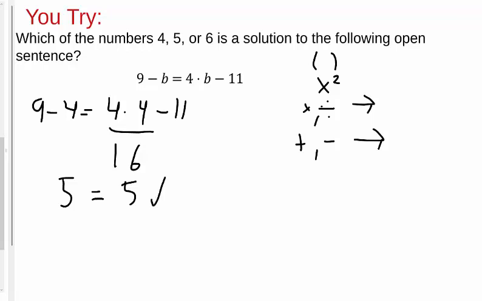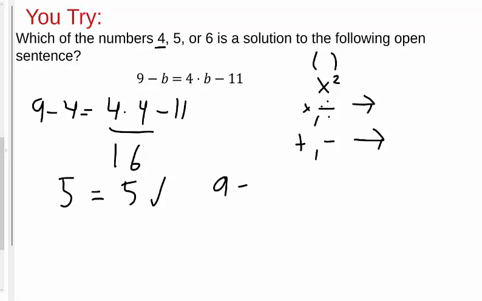Now, let's make sure that none of the other answers are right, because 4 is okay so far. But let's just make sure, because it could be true for other numbers, not just 4. Sometimes sentences have more than one possible answer. So let's see. 5.